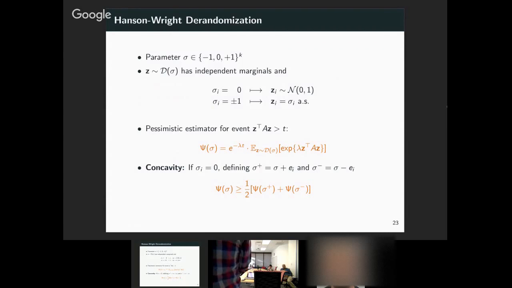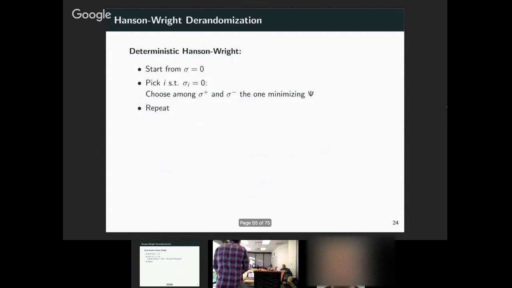So one of these choices is as good as psi of sigma, and then we can move on. In very simple words, this derandomization is based on that idea. We start with having no idea how to pick this sign, so we have all Gaussians, and we go one by one, minimizing this psi potential.